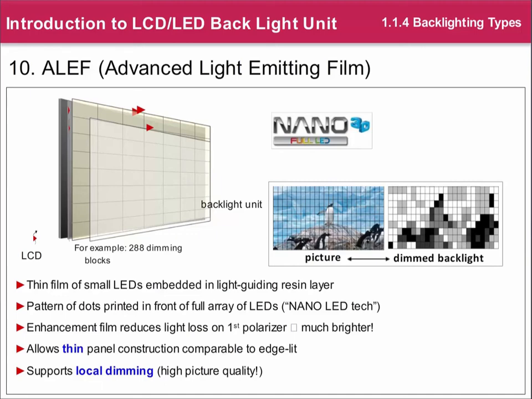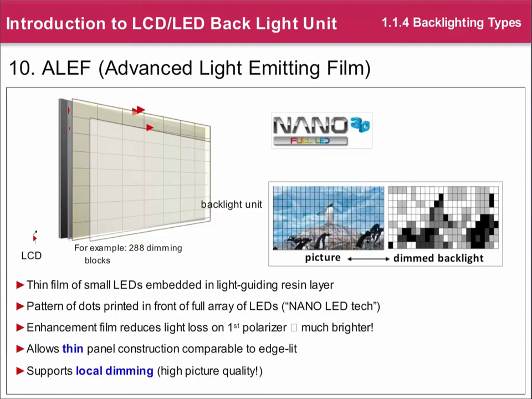The film disperses light more evenly and effectively across the screen. On top of this, another film called DBEF, Dual Brightness Enhancement Film, increases the brightness of the LCD screen by recycling most of the light that is normally lost in the rear polarizer.